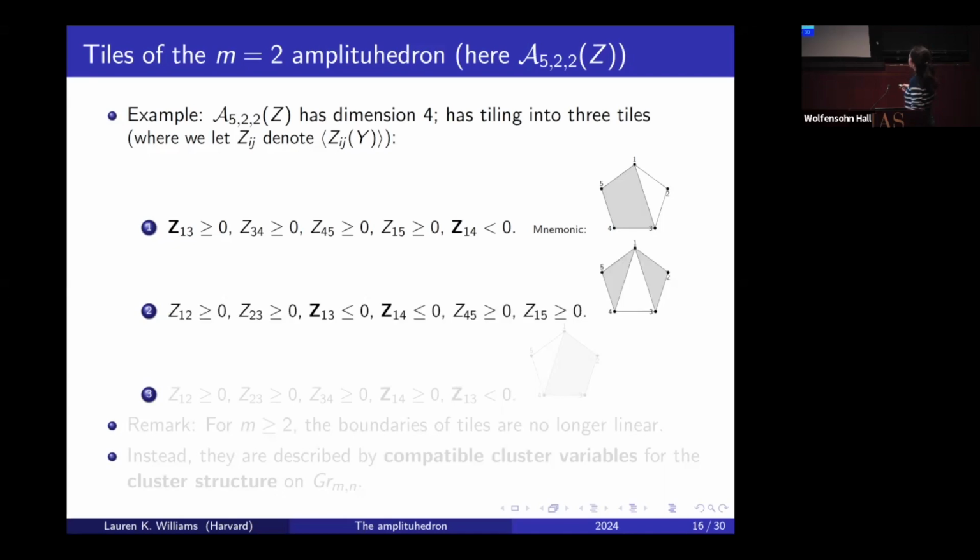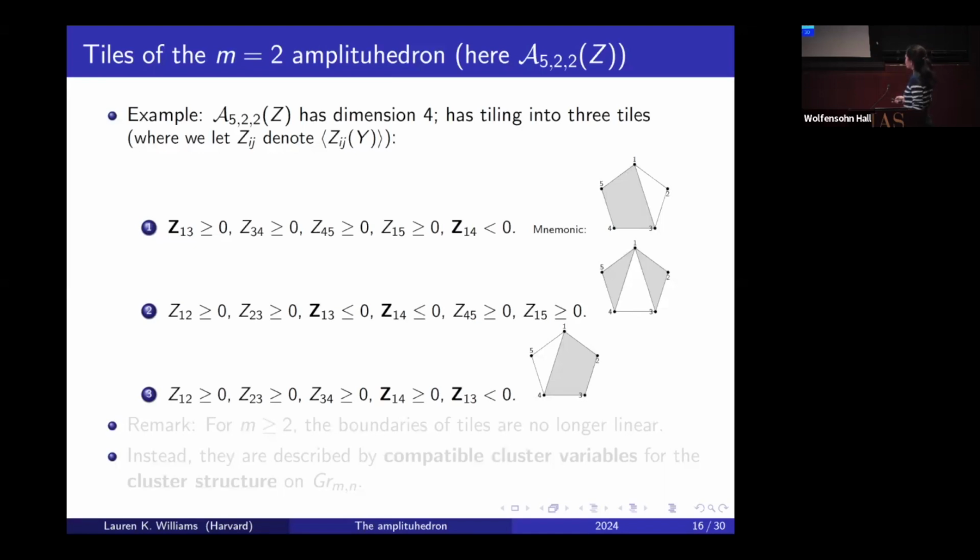Then there's a second tile, which has a similar list of inequalities and is associated to this picture. And the third tile has these inequalities associated to this picture. In all cases, the facets of the tile are associated to the boundaries of these gray polygons.